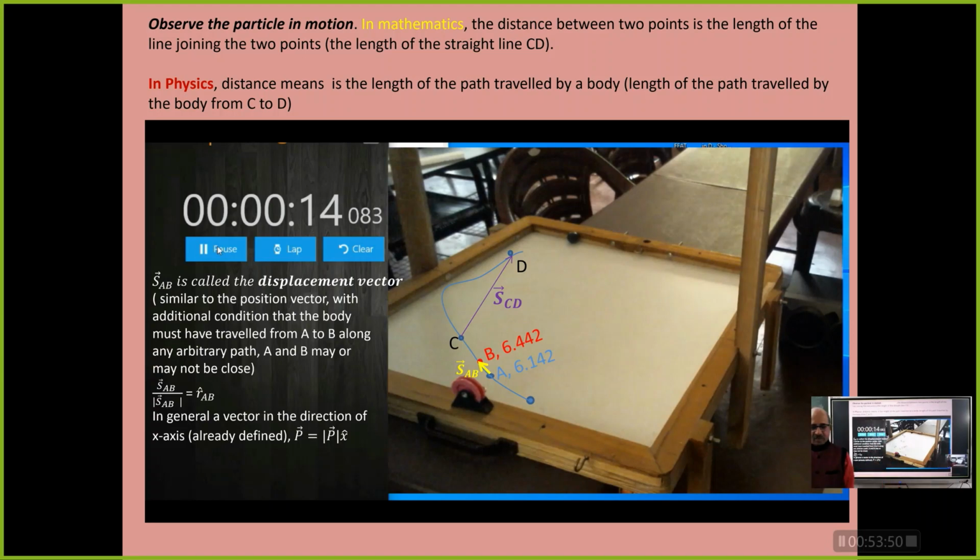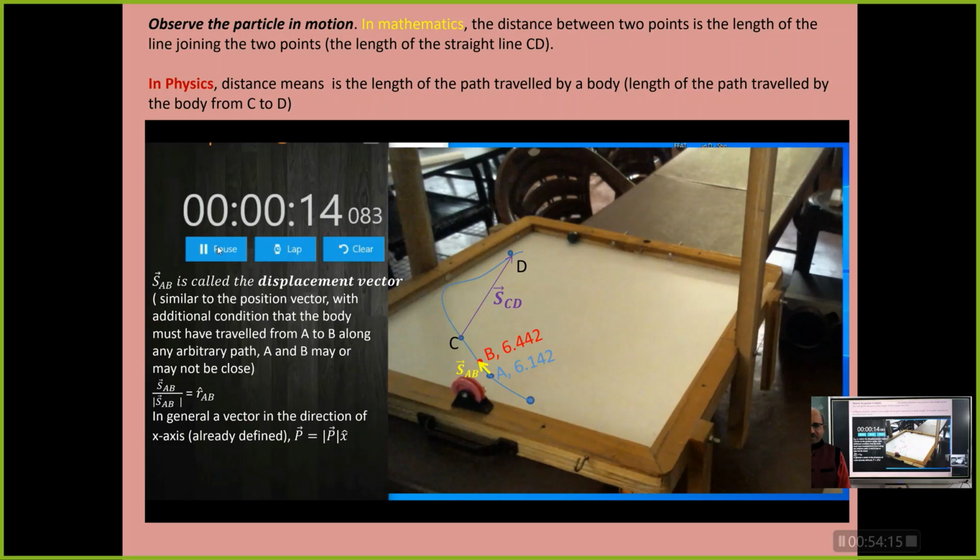In mathematics, the distance between 2 points is the length of the line joining the 2 points. So, the distance between you and you, in mathematics, you just have to take a tape and measure the distance. Understood? Yes. But in physics, what does distance mean?